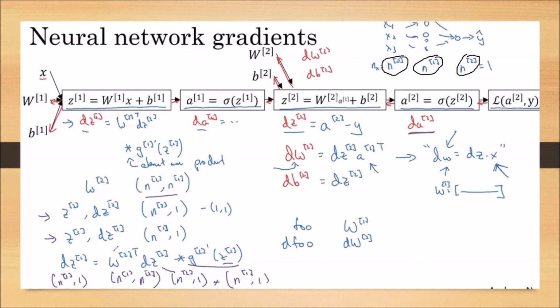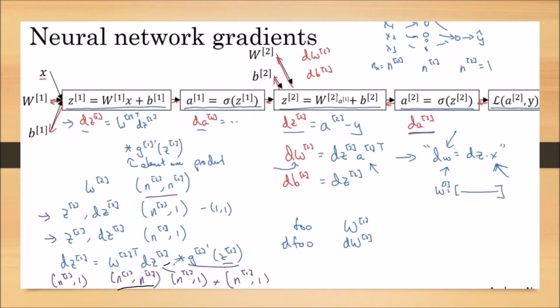Now, the dimensions of W2 are N2 comma N1. N2 is the number of units in the last layer. N1 is the number of units in the first hidden layer. But we are transposing it, so because of the transpose, it becomes N1 by N2.